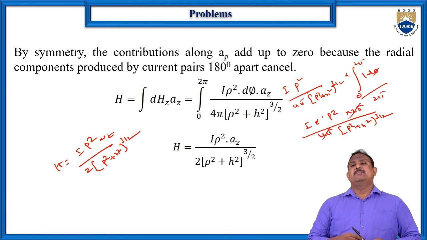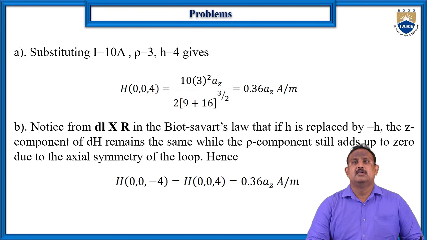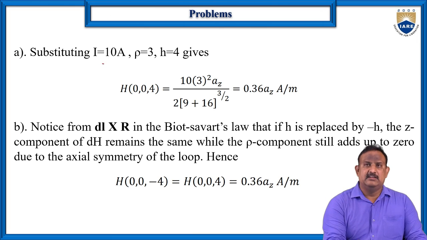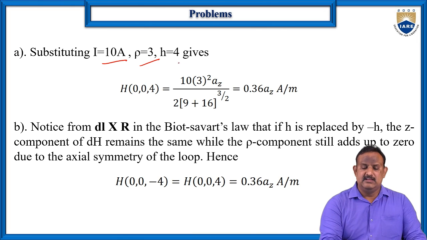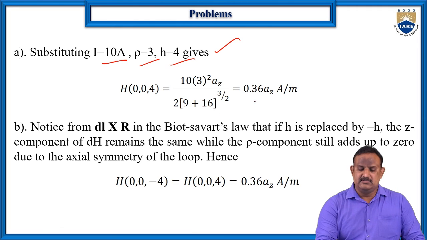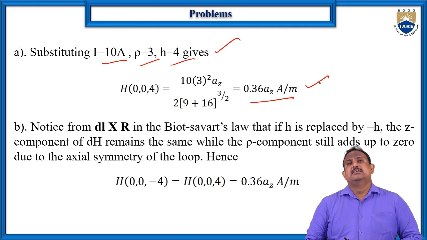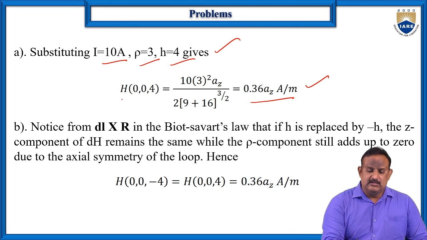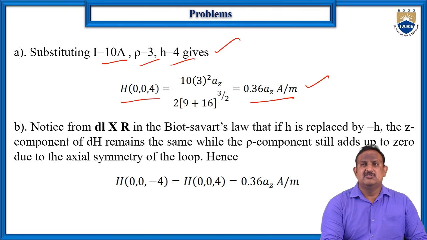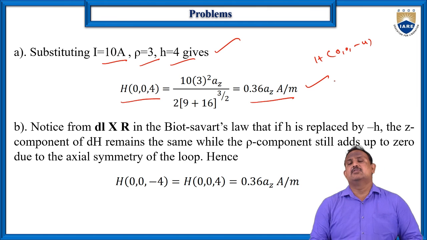Now we need to substitute the current value, rho value, and h value. Here current I is given as 10 amps, rho is given as 3, and height h equal to 4. If you substitute all these in the expression, we have 0.36 a z amperes per meter. This is the magnetic field intensity at (0, 0, 4). Now we need to find the magnetic field intensity H at (0, 0, minus 4), which is located exactly opposite to (0, 0, 4).